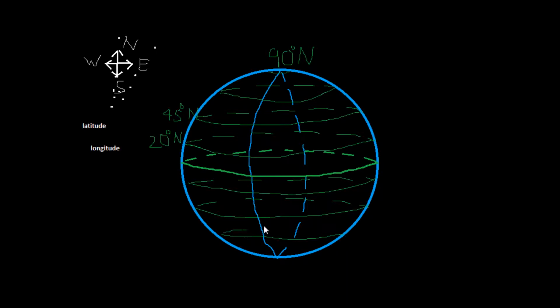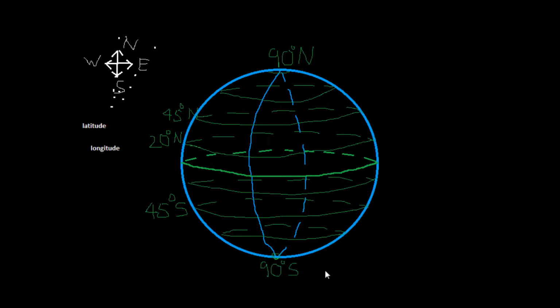Alright, so if we use the same idea as up there, all the points on this line here are going to be located at about, let's say, 45 degrees south. And the South Pole, you probably guessed it, is going to be located at 90 degrees south.